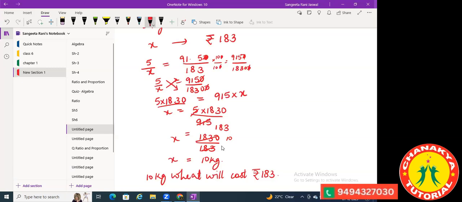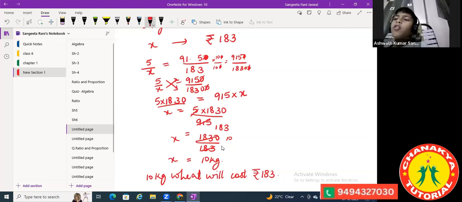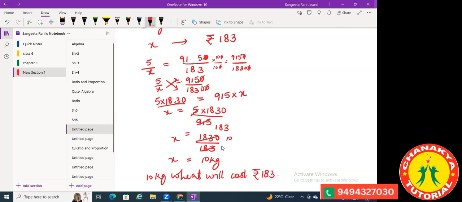I got 183 in the denominator, and in the numerator I had the same number. So I got 10 kgs. Ma'am, how did you get the 10 kgs? 10, because when I multiply 183 by 10, I will get 1830, since there is just one 0 at the end.